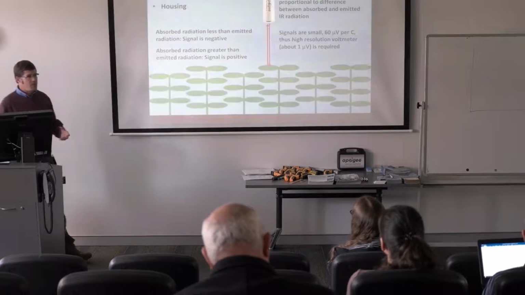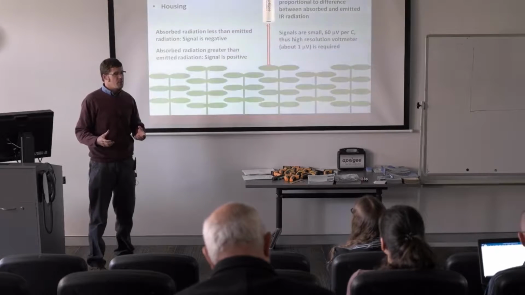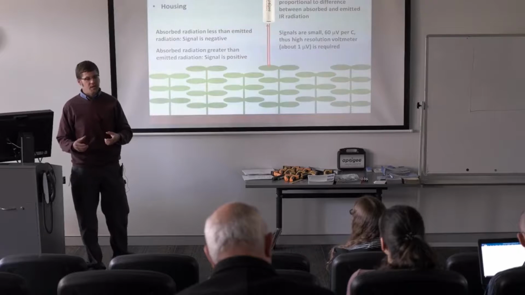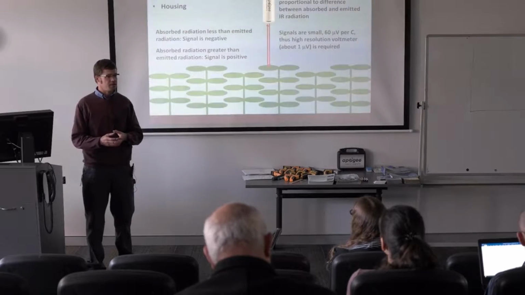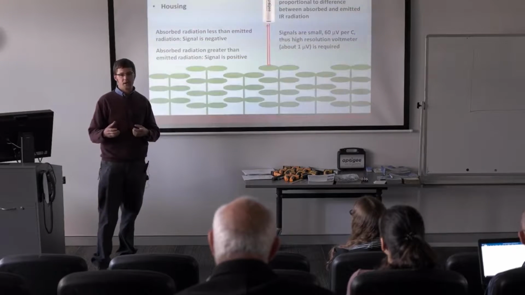Right, and so I mentioned a minute ago that we all remember from physics radiation and temperature are closely linked. All objects with a temperature above absolute zero emit radiation.